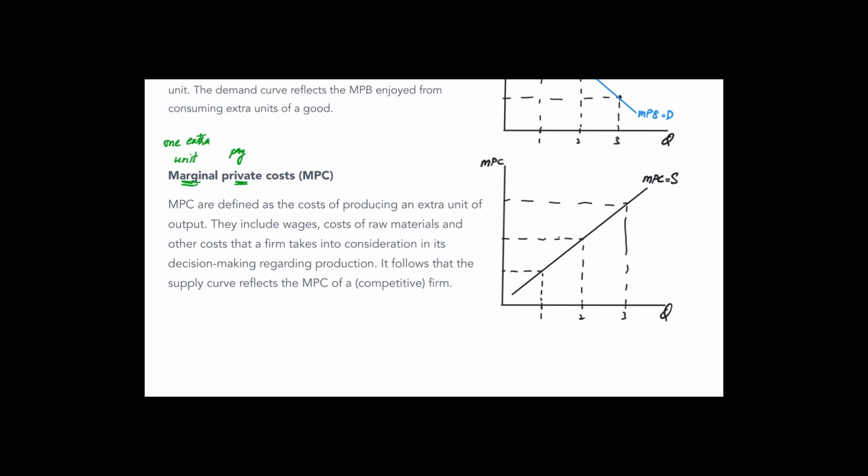Here MPC is actually equal to the supply curve, again because we're thinking from the perfectly competitive markets point of view, not from the imperfect markets. In imperfect markets, MPC is not equal to the supply curve. Only in perfect competition MC is equal to the supply curve.